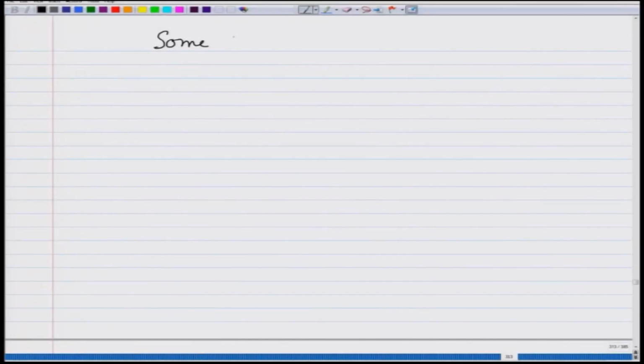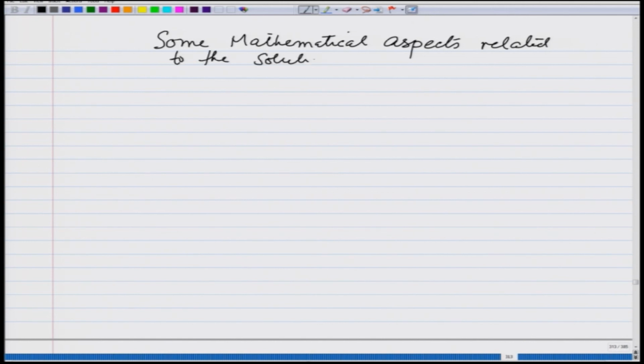So, this lecture is essentially devoted to some mathematical aspects related to the solutions of the Schrodinger equation.